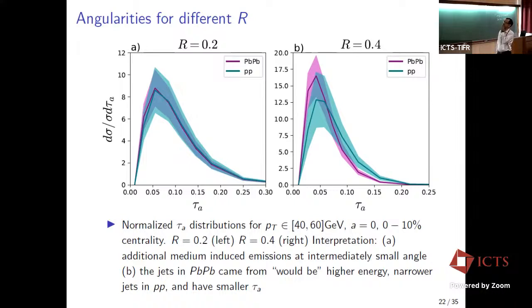So I'm not 100% sure. As I said here, the uncertainty is coming mainly from the uncertainty in pT, the pT of the jet, in both 0.2 and 0.4.